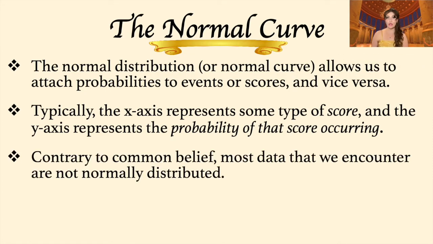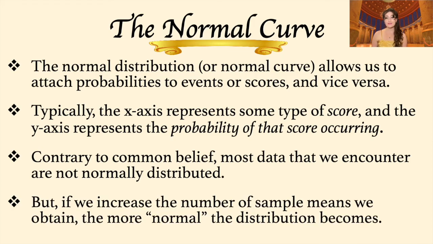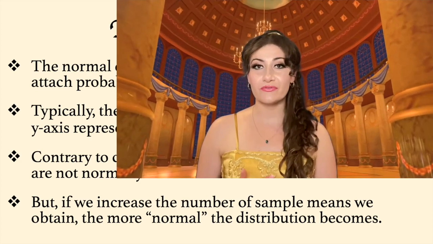Contrary to common belief, most data that we encounter are not normally distributed. But if we increase the number of sample means we obtain from a larger population, the more normal the distribution becomes. In other words, we know that it is virtually impossible for us to collect data from entire amounts of large populations.